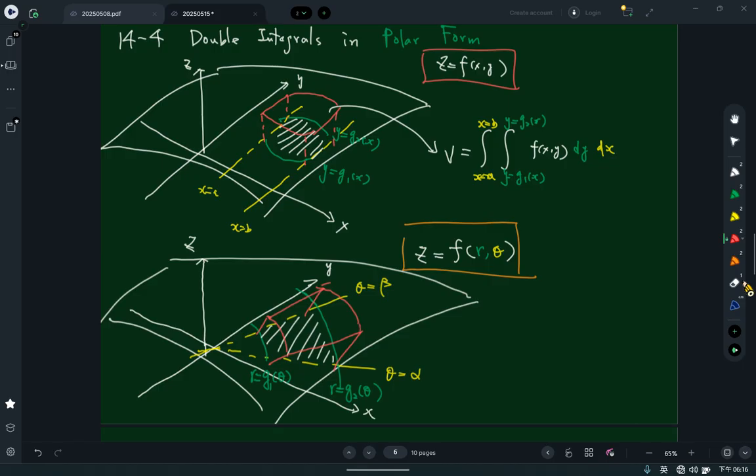We are also trying to calculate the volume V, which is defined as the integral of f of r, theta, with r from g1 of theta to g2 of theta, dr, and then theta from alpha to beta.